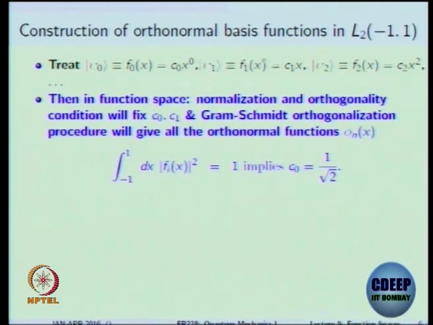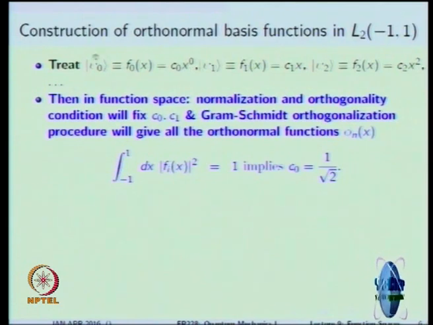But if you try to do this in the limit -1 to +1, what happens to the orthogonality between f0 of x and f1 of x? Is it 0? No or yes? That's an even function, this is an odd function, and this is going from -1 to +1. We can show that f0 with f1 is orthogonal. So when I want to write the next state, the first state is trivial.